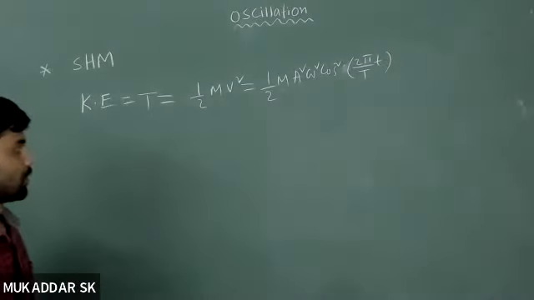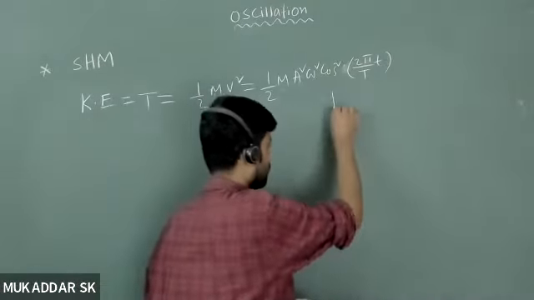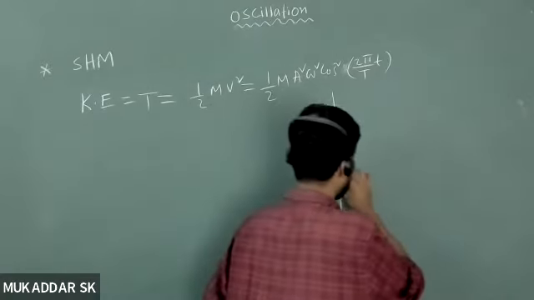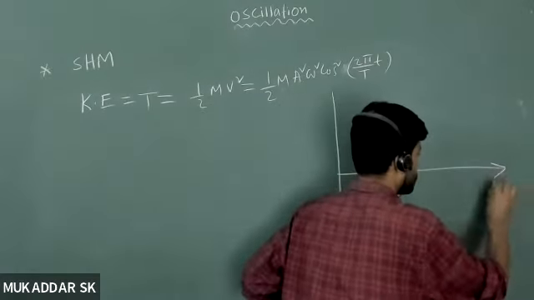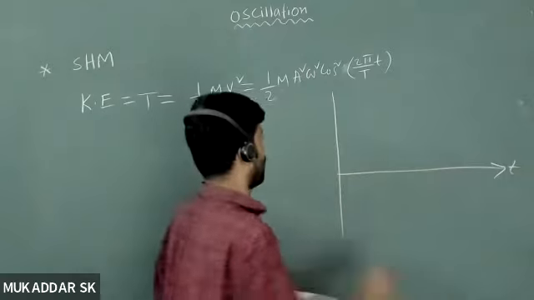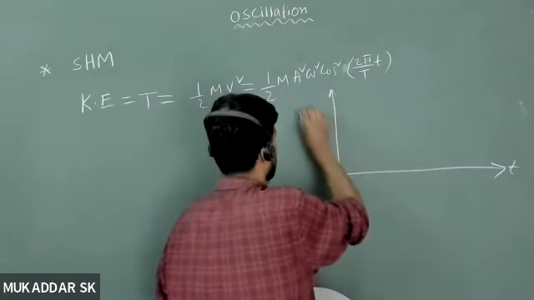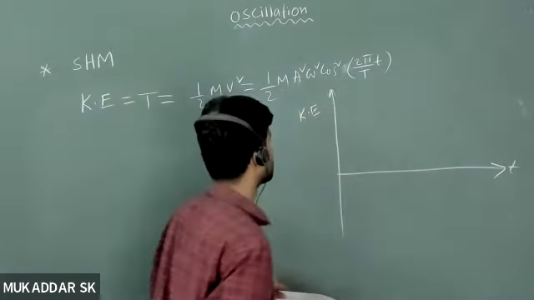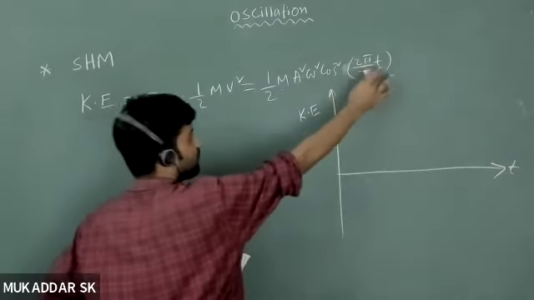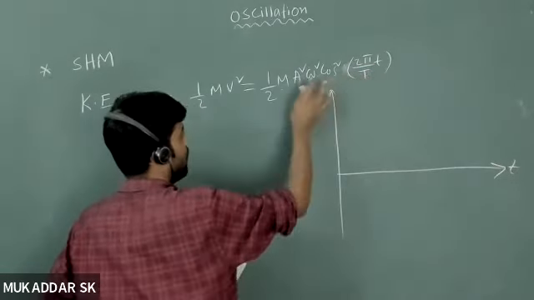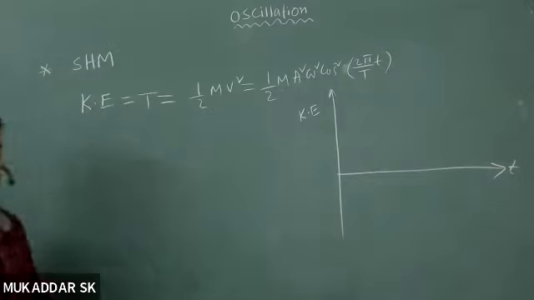Okay. So if you plot this as a function of time, when t is 0, you will have maximum kinetic energy, and it is obvious because your oscillator is at mean position.